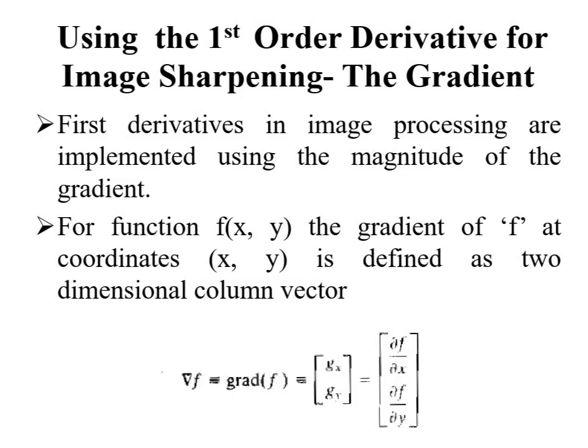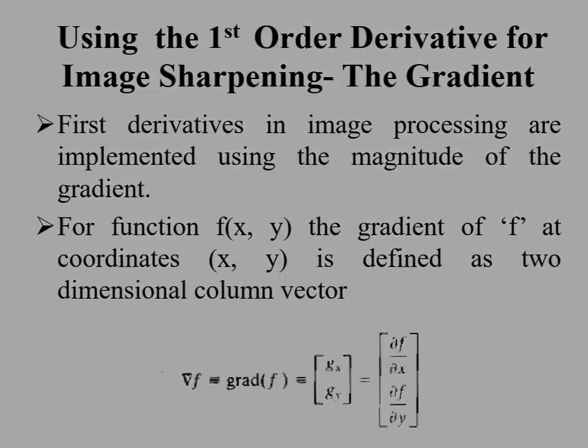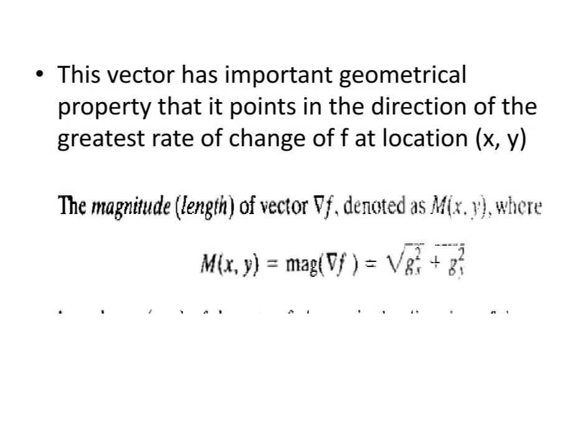That is, del f is equal to grad f is equal to the matrix of gx, gy, which is equal to the matrix of del f upon del x, del f upon del y. This vector has the important geometrical property that it points in the direction of the greatest rate of change of f at a location x comma y.